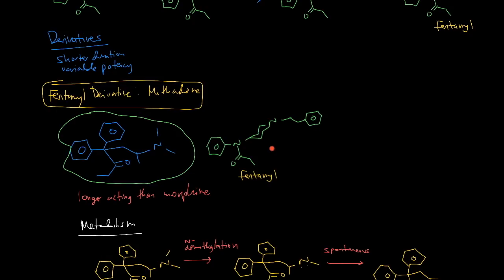So since they're pretty much the same size, they fit in the receptor in a similar manner, and therefore they're pretty much derivatives. So methadone is longer acting than morphine.